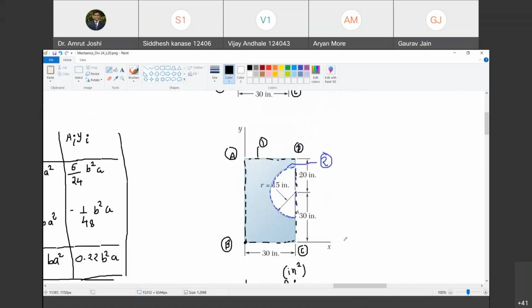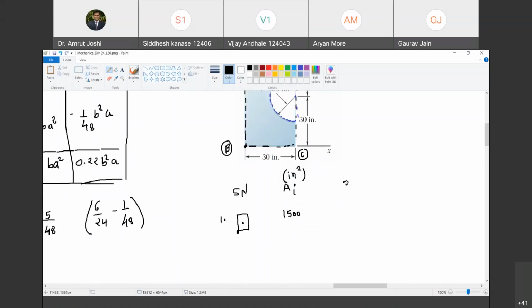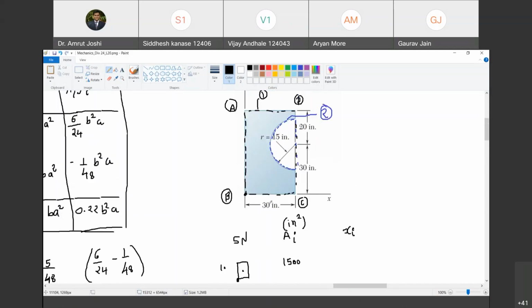Now, what is the value of xi? Tell me. The centroid of this rectangle is located at distance 15 inch from B. Do you agree with me? Yes, sir. So this is in inch. What is yi? Again 25, in inch, it is at distance 25.